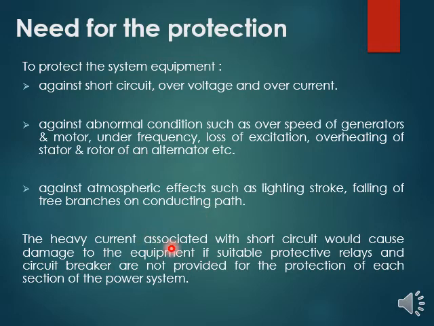The heavy current associated with a short circuit would cause damage to the equipment if suitable protective relays and circuit breakers are not provided for the protection of each section of a power system.